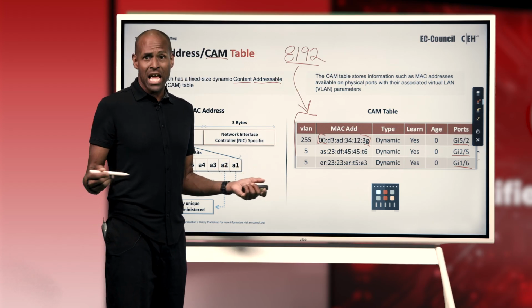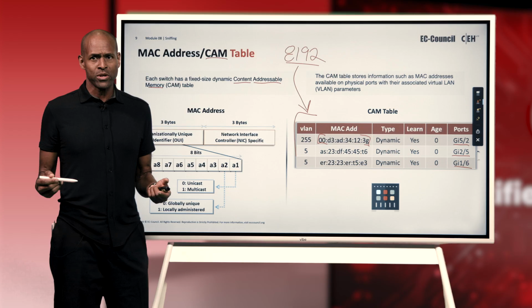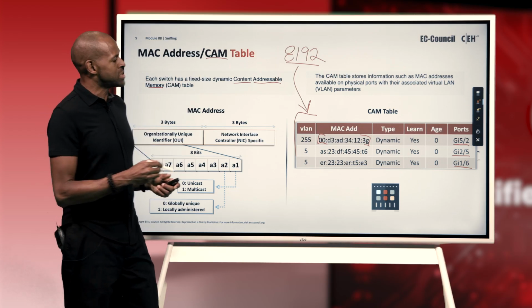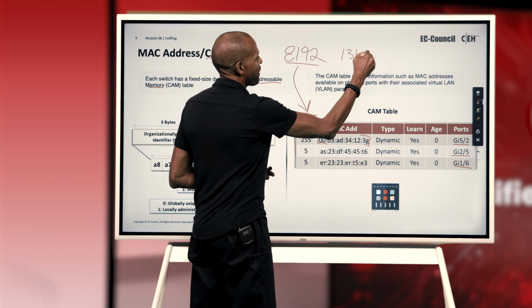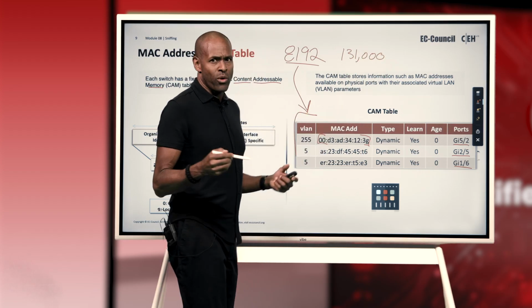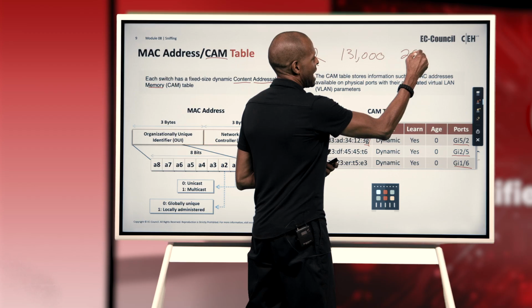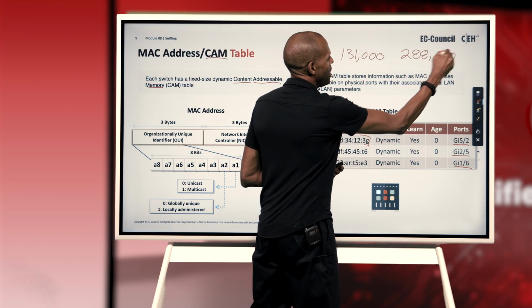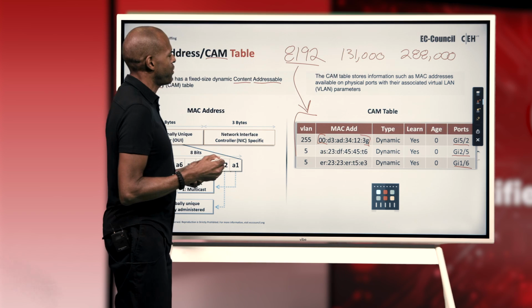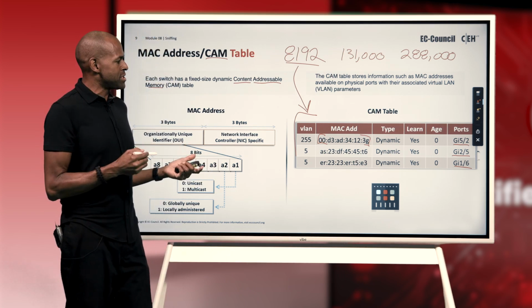If you have a 48-port switch, that's quite a lot for a 48-port switch. For larger switches, you can have over 131,000. And for the core switches, you can have up to 288,000 entries. It's actually north of both of those. So you can have quite a lot of entries in this switch.